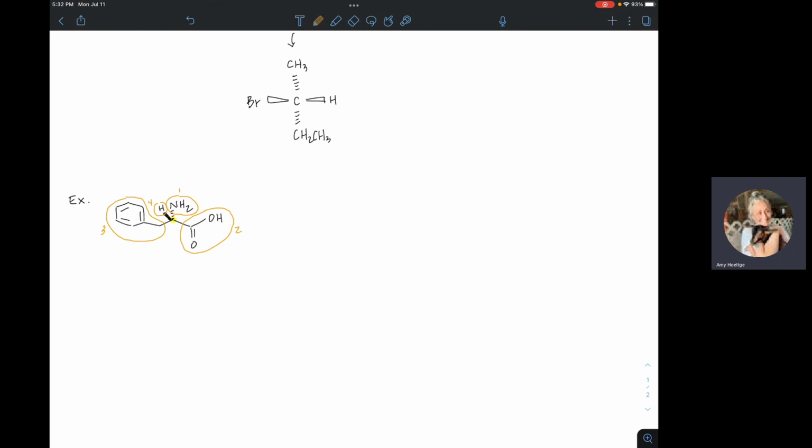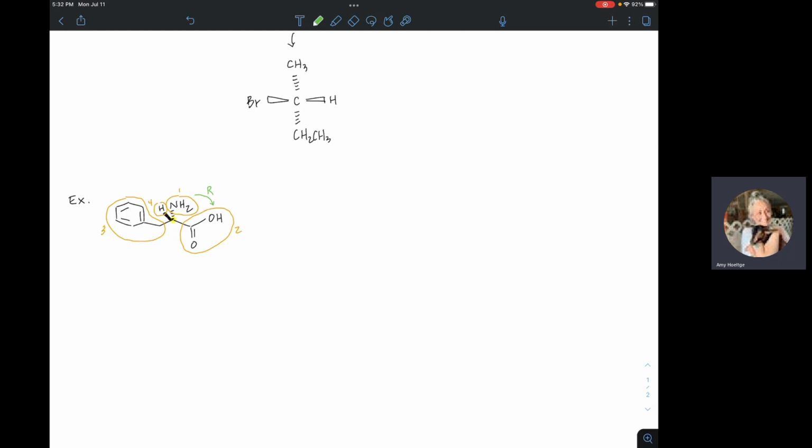So if I want, I can assign configuration right here, and I can say 1 going to 2 is clockwise, right? And if that's clockwise, it's R. But then you have to say to yourself, the way this was written, somebody indicated that the amino group was pointing in the back. The hydrogen should be pointing in the back, right?